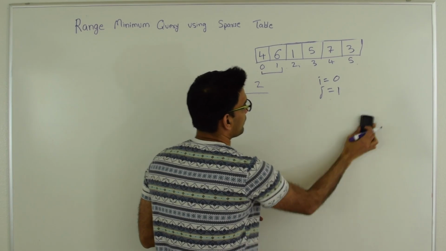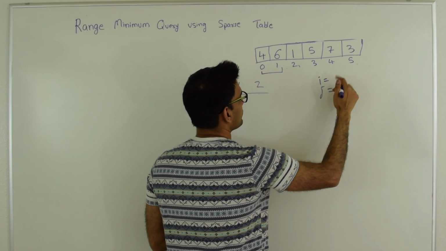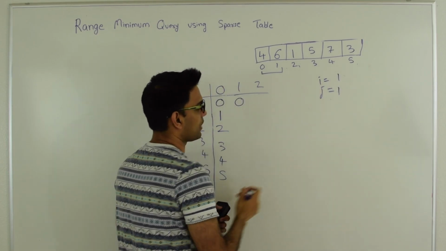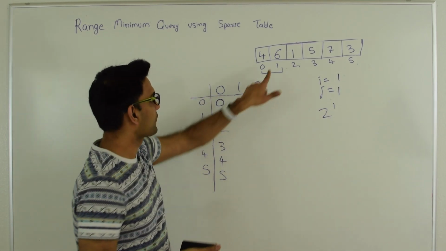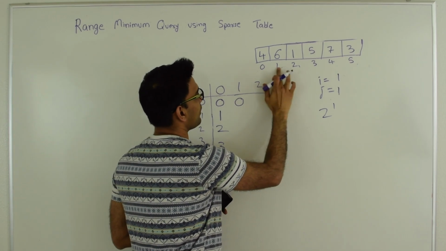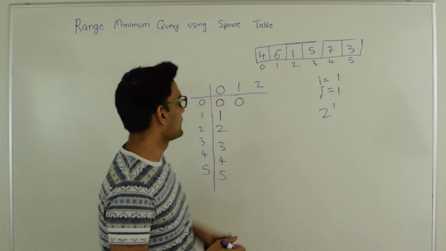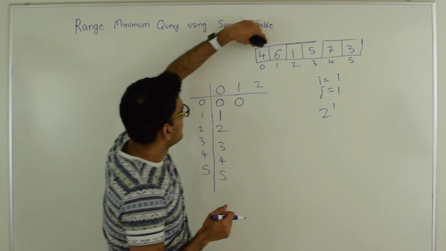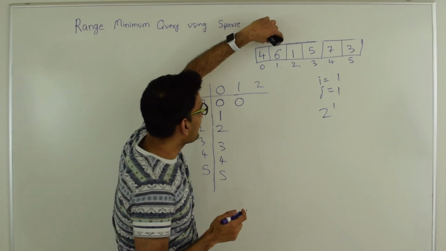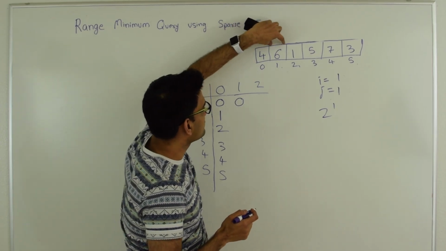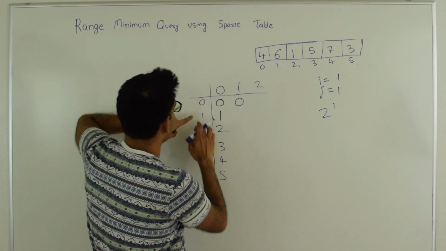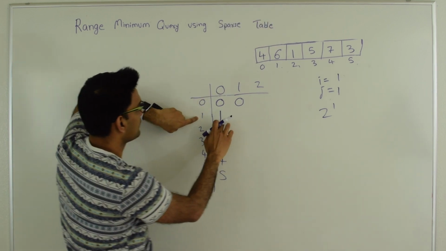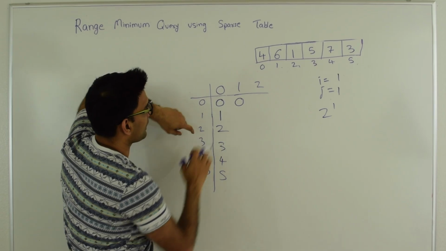Let's try one more. So if I becomes 1, j is 1, so starting from 6, we are looking for the minimum of next 2 elements. So again, at 6 I have already calculated the minimum of next 1 element, which is stored right here, 1 0, which is 1.